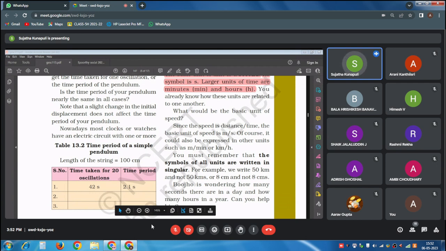We will not get the same values. Why? Because there will be a change in the way we start the bob when we push or pull it. At that time the velocity will be different, and the way we release it, that energy also will be different. And then, due to friction, the pendulum will gradually decrease its speed.